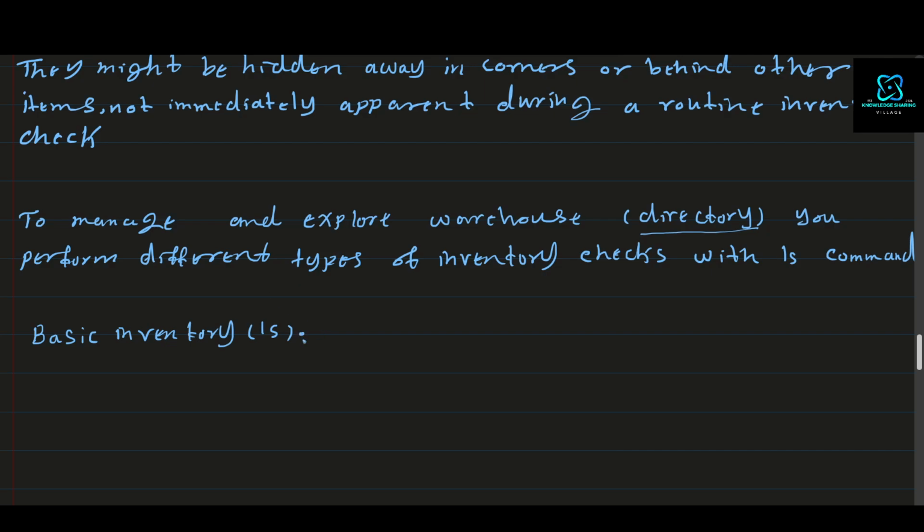In this video we are just going to briefly mention them to complete our analogy, but we will come to them specifically in the second section, using options together with the ls command. First, just using the ls command, we have categorized it as the basic inventory.